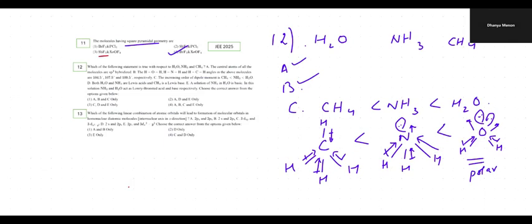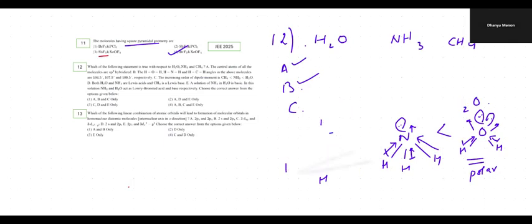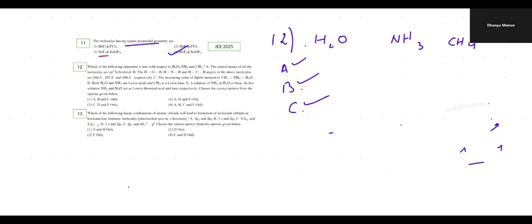Now, coming to the next one. So this C statement is also true. A, B, C are true. Now the next statement, the D statement. The D statement says that both water and ammonia are Lewis acids, and methane is a Lewis base.